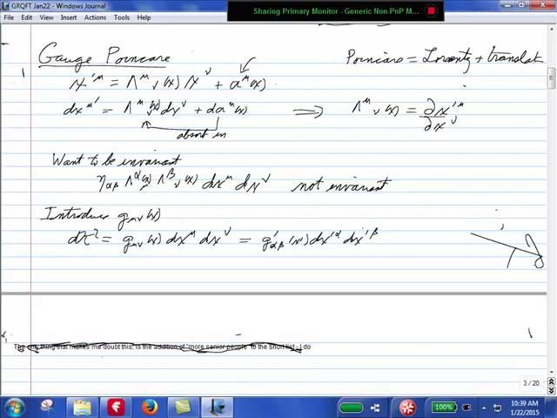under phi prime of x prime is phi of x. Here, x prime is some lambda mu nu of x nu.